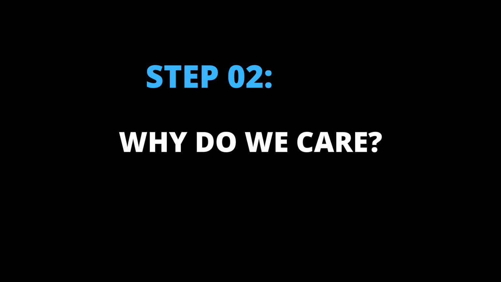Step number 2. Why do we care? Oftentimes when we learn how to program, in order to call a function or to tell an object that something happened, we have to have references to those objects.